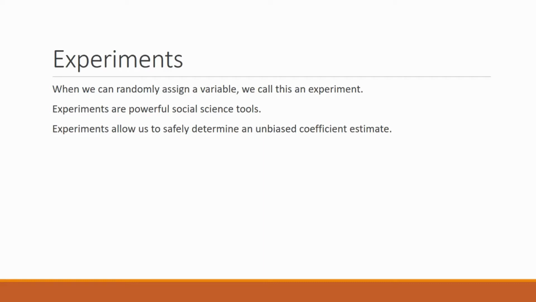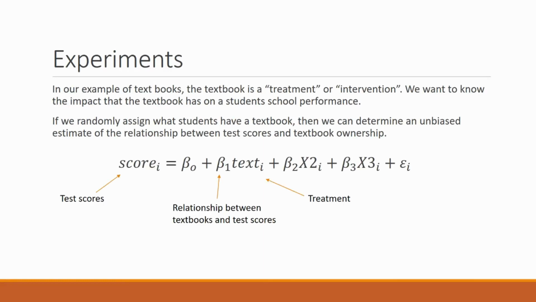So these experiments are powerful tools for social scientists to study the effect or the relationship between variables. When we use experiments, the experiment allows us to determine an unbiased coefficient estimate. In fact, it even allows us to get a causal impact of the independent variable on the dependent variable.